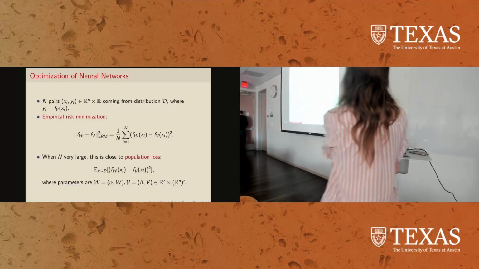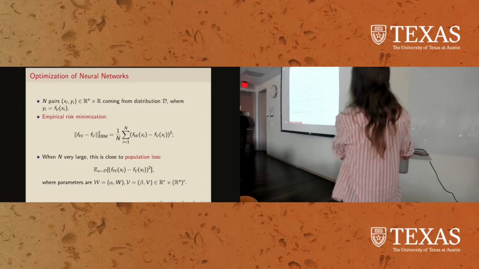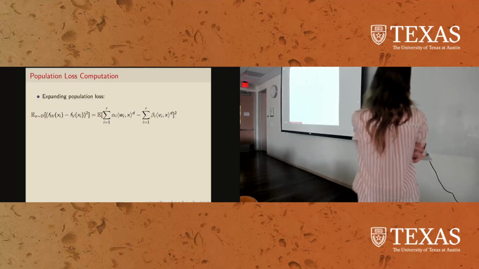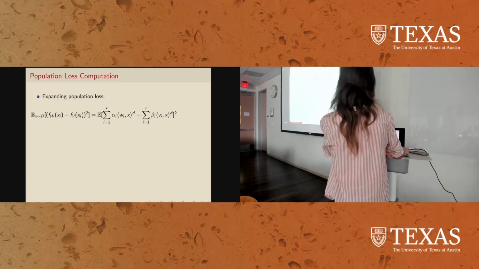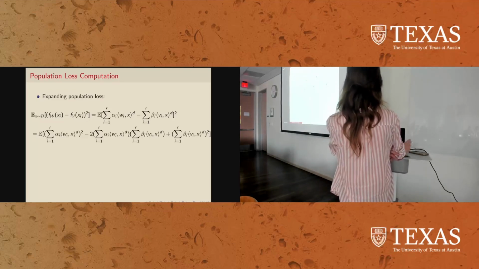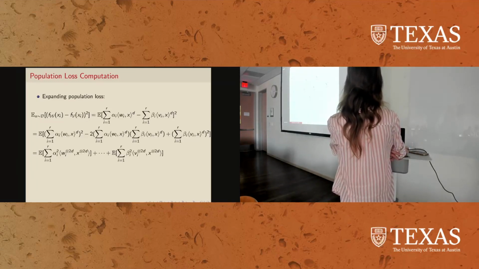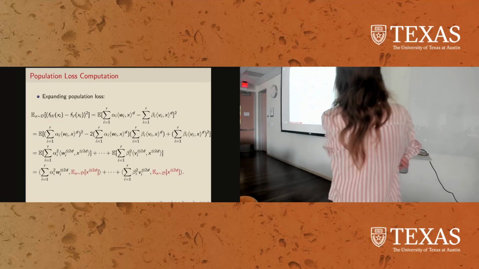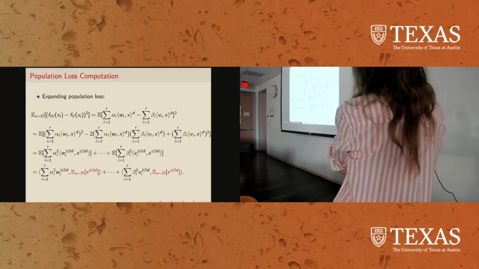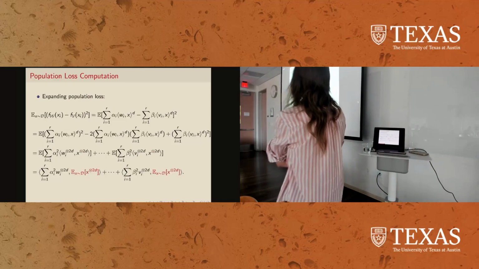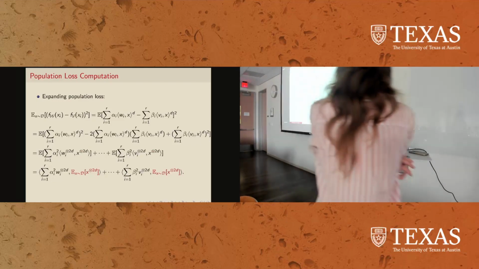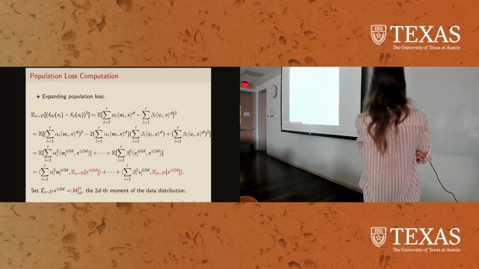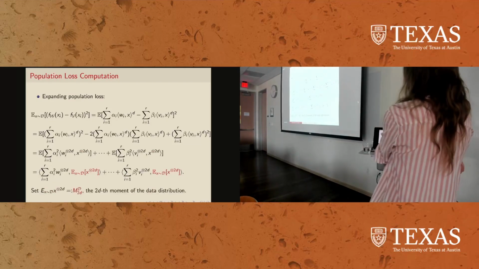Now I think it's going to be informative to go over this computation of the population loss. If you go through expanding and simplifying several times over, you end up with this sum of inner products, where the second term of each inner product is this higher moment tensor, the stuff in red. It's precisely the 2d-th moment of the data distribution.